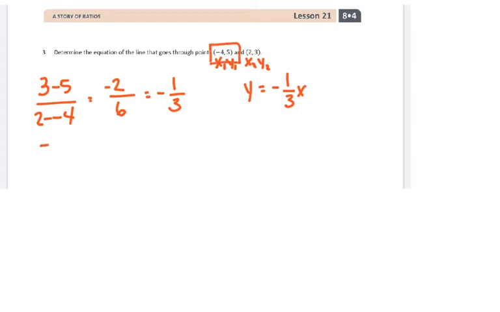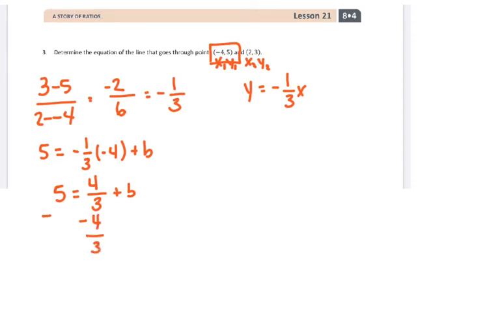So I've got 5 equals negative 1/3 multiplied by negative 4 plus b, and I'm solving for that b. So I'm going to multiply negative 1/3 by negative 4. So I've got 4/3 plus b, and I'm going to subtract 4/3 from both sides of my equation. So I've got 5 over 1 minus 4 over 3.